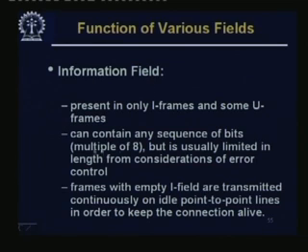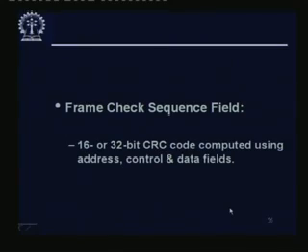It can contain any sequence of bits that is a multiple of 8, but is usually limited in length from consideration of error control. Frames with empty I field are transmitted continuously on idle point to point lines in order to keep the connection alive. And finally, there is the frame check sequence field.